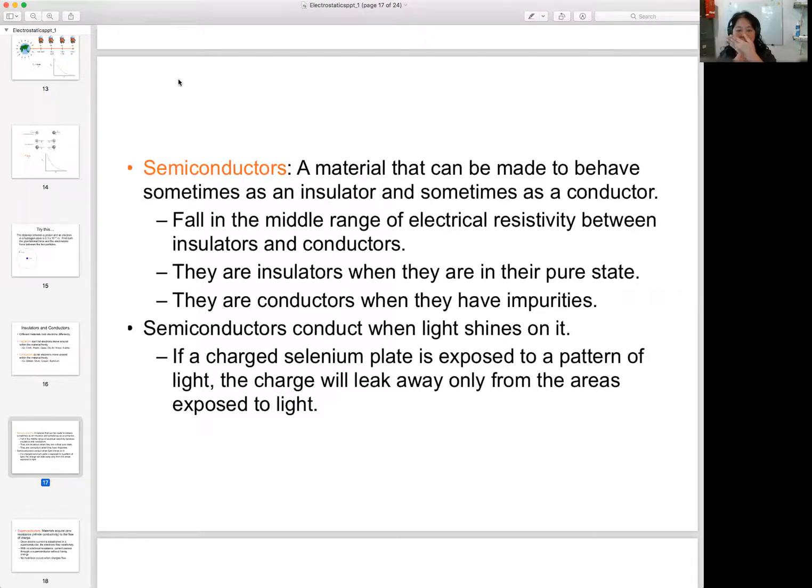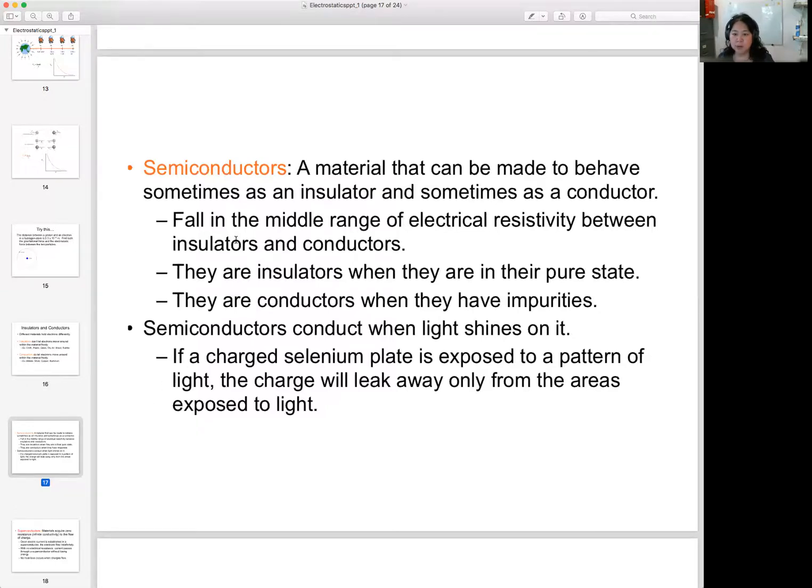You can draw a circuit by the laser, pattern it, and then that can act like a wire. For some semiconductors, the electrical property can be changed by light. So it depends on the type of semiconductors. You can do it thermally, by temperature, or by doping, impurities, and things.